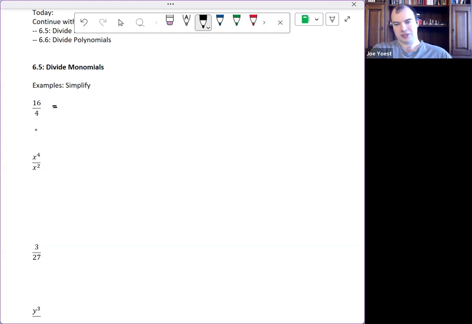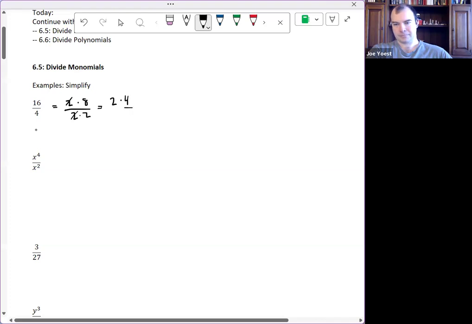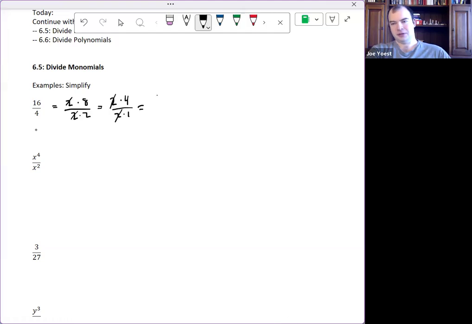But I could think of breaking a 2 off of the 16 into 2 times 8, and breaking my 4 into 2 times 2 and dividing out a common factor. And I can think of doing that process again. And maybe in the denominator, instead of writing 2, I'll write 2 times 1, just to remind myself that I still have that denominator of 1. And then, of course, 4 over 1 is just 4.